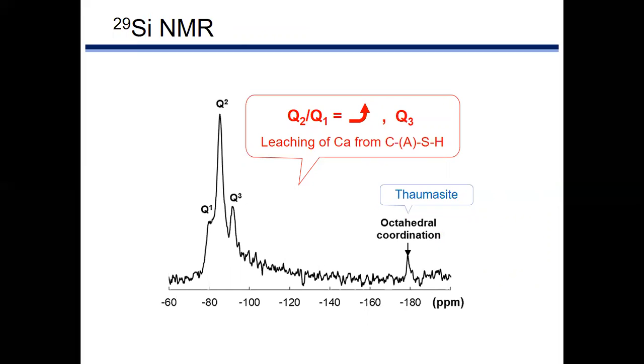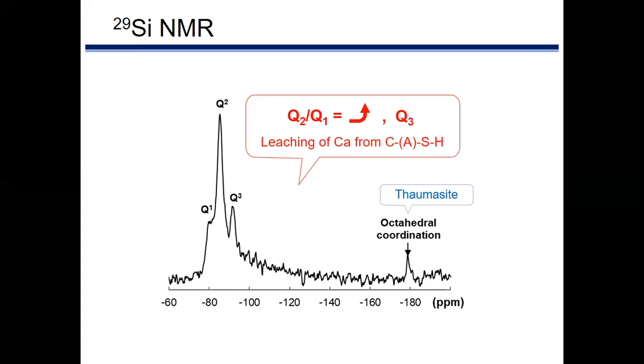Because polymerization of silicon is accelerated by the leaching of calcium. Further progress of the decalcification could lead to the appearance of Q3. This result indicates that decalcification of C-S-H became pronounced at the surface of the specimen.